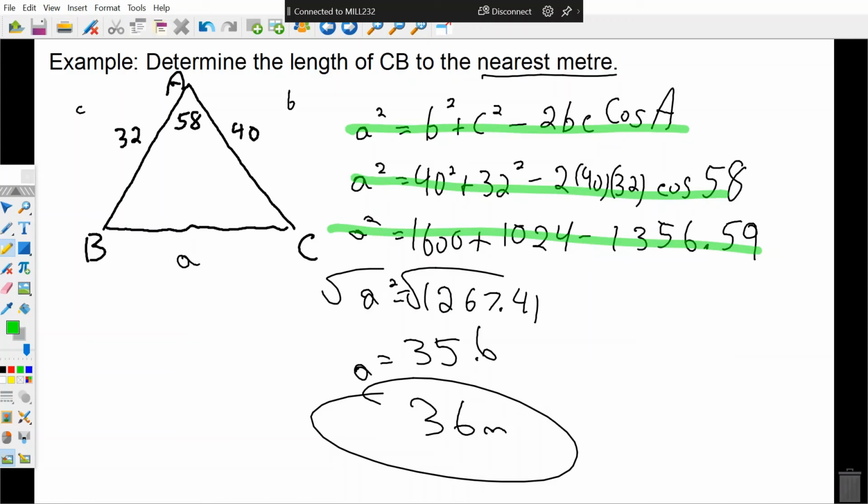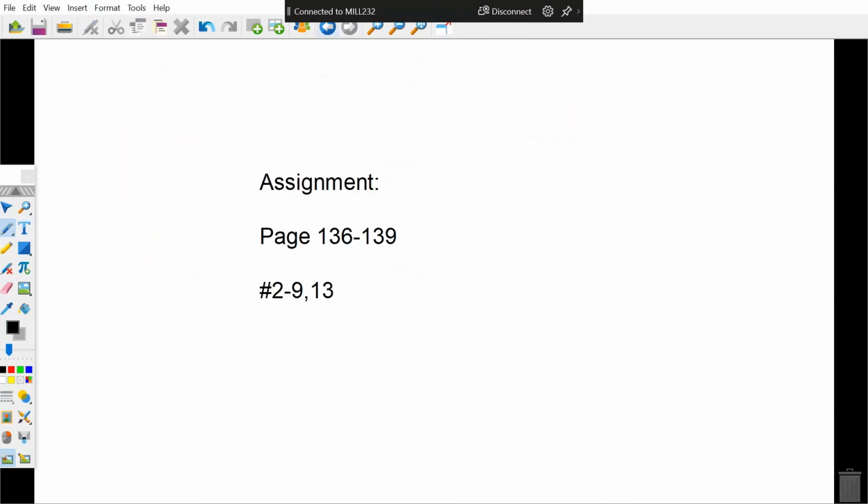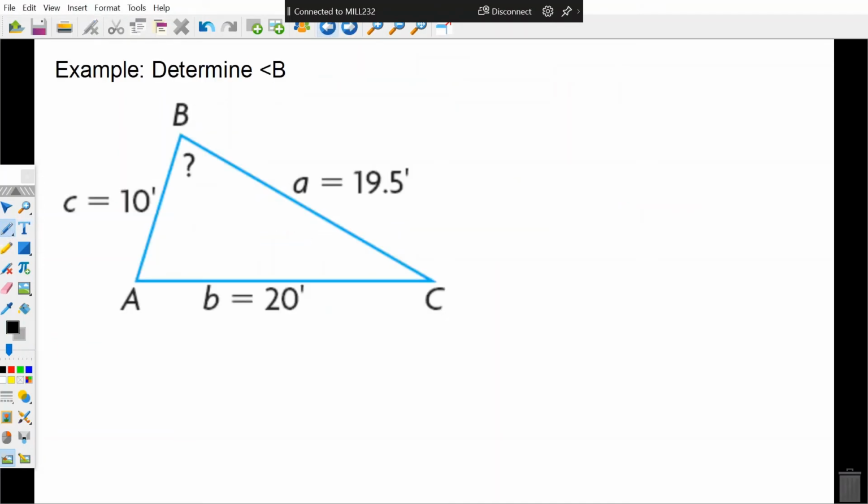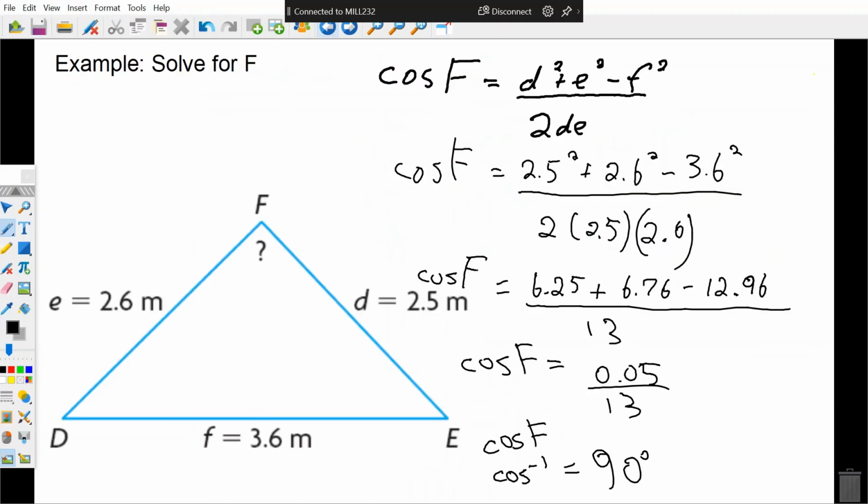Okay. Our next question, which is our final one. Again, I'll get you to try first, is to find angle B. So let me give you the formula here.